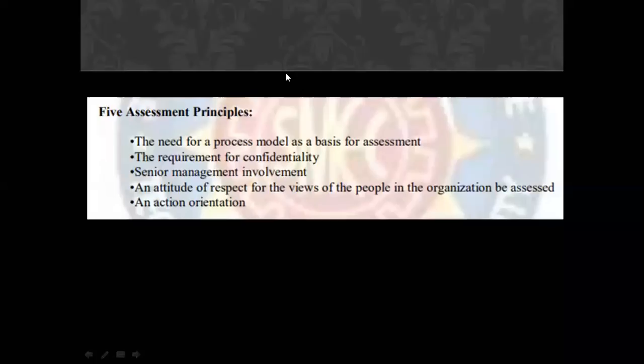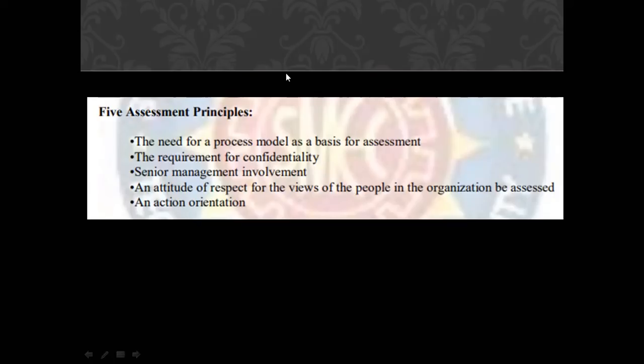So the attitude of respect for the views of people: if your intern has joined the organization and is working with you in the team, and that person says, I don't know much about this particular programming language or this designing part, then you should tell them to learn, or you should guide them. So you have to respect the views of the people. If someone is giving you advice, even if your junior is giving you advice on something to improve, you have to at least listen. So that attitude of respect should be assessed in the organization.